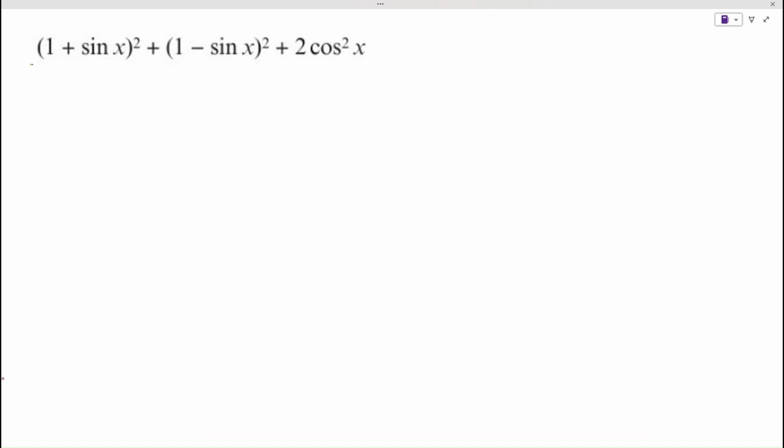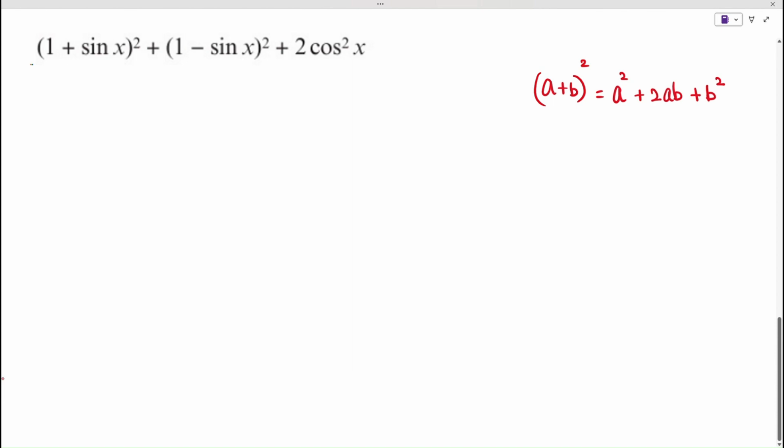So now we have our second question. This is 1 plus sine x the whole squared, plus 1 minus sine x the whole squared, plus 2 cos squared x. The first thing that we're going to do is expand our brackets. For 1 plus sine x the whole squared, this is in the form of a plus b the whole squared, which can be written as a squared plus 2ab plus b squared.